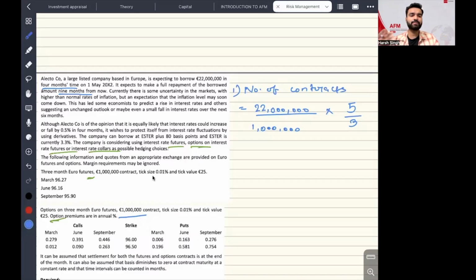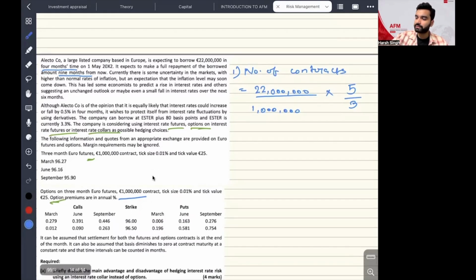It is 36.6666 contracts. So we will take up an extra one over here, which is going to be 37 contracts. So why do we take extra? Previously we rounded down, correct. Now we are rounding up. Why am I doing that? Let me tell you.